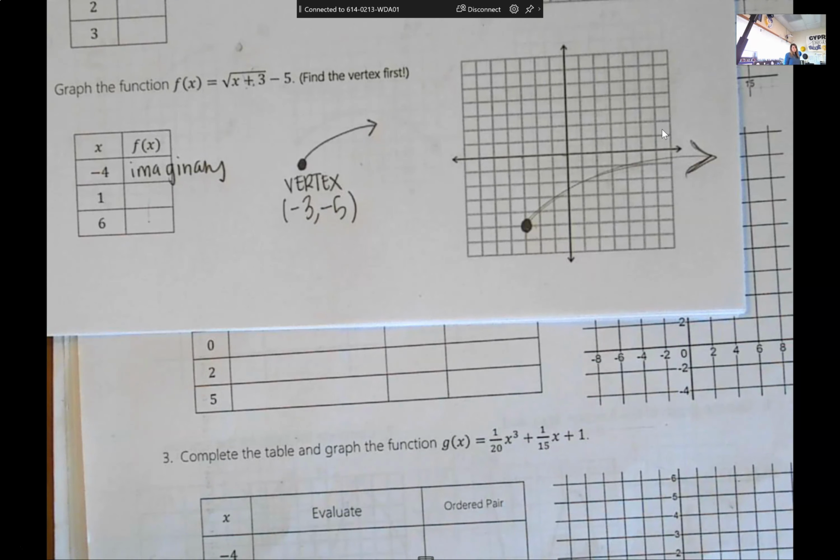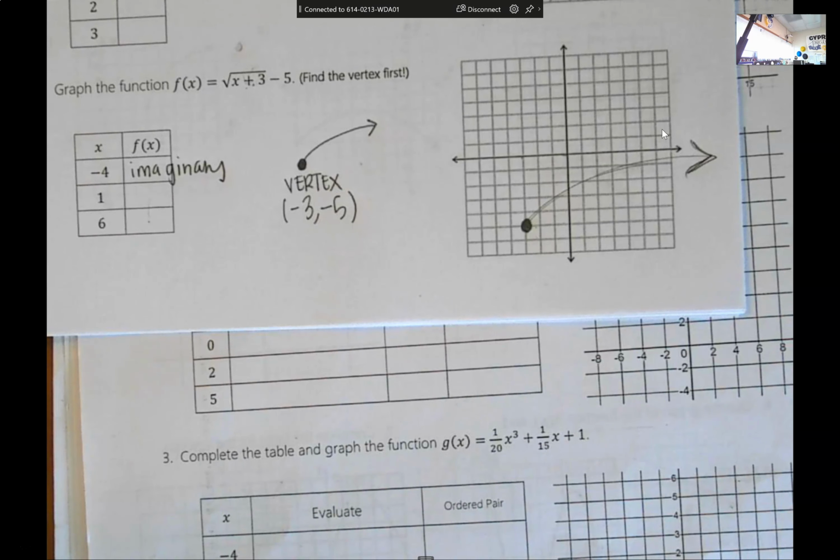Staples, where you at? Okay, roughly 30. Yeah, yours is done. Is your graph done?